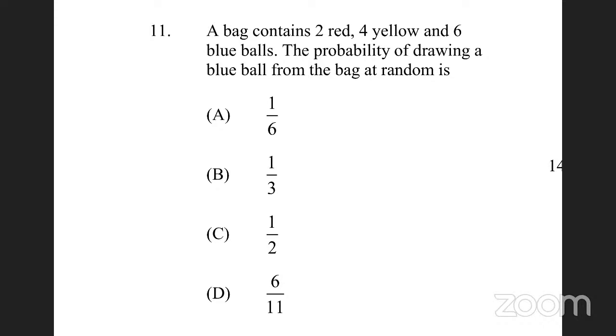How many marbles you have in all? You have 12 marbles in all, right? Add up all. How many blue you have? So the answer is 3. A half, right?